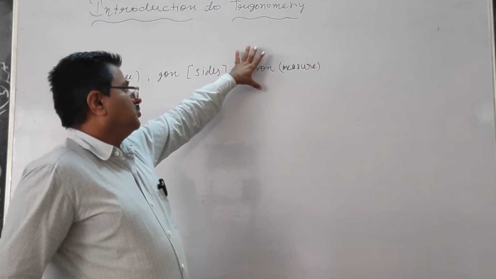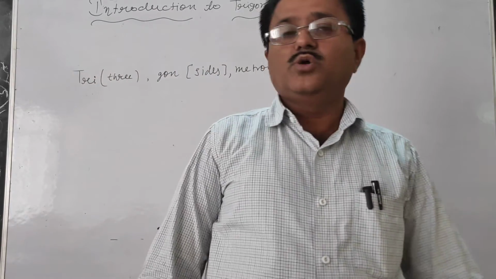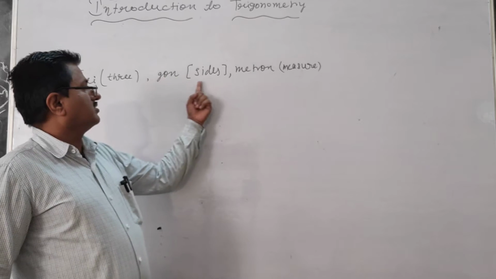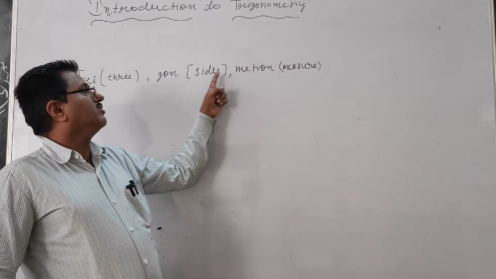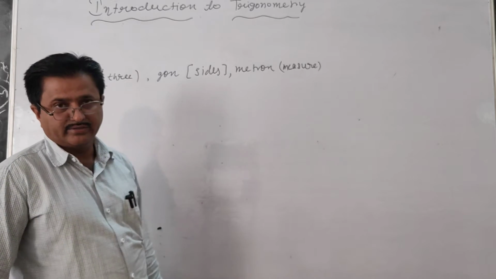It means we can say that trigonometry is the branch of mathematics which deals with the study of a figure with three sides, or the measurement of a geometrical figure with three sides.